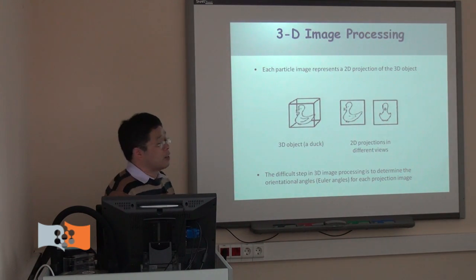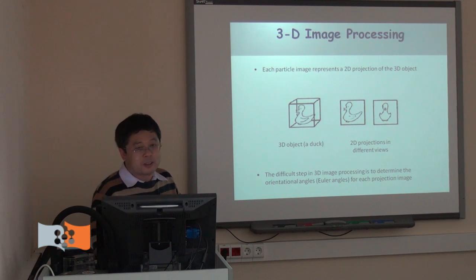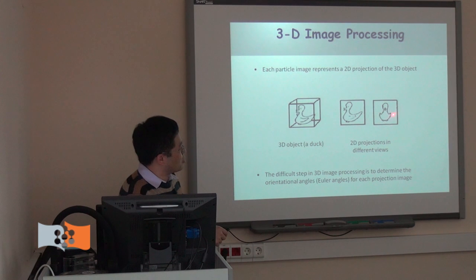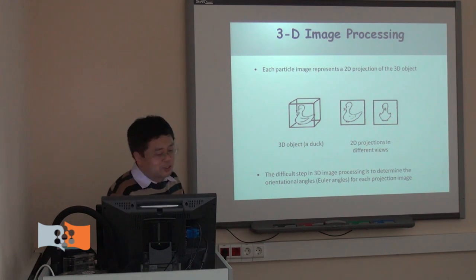This is the principle of the image processing. Basically, this is a 3D object, and we get the 2D projections. If this is the side view, from this view you can imagine what your projection looks like. But this one is maybe difficult.